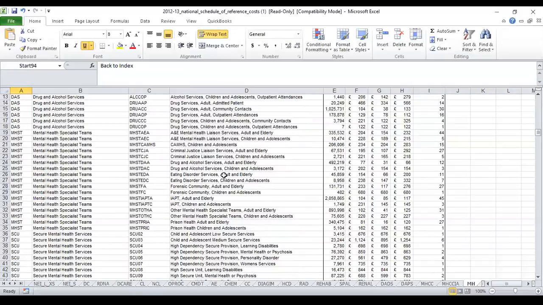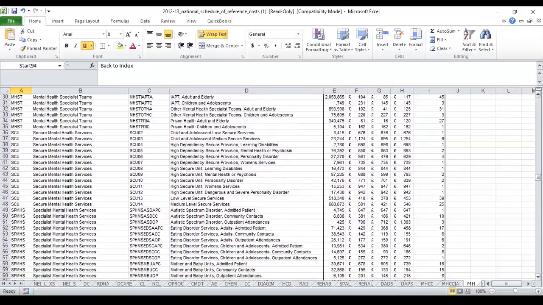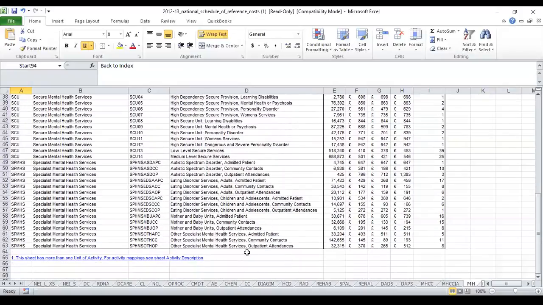Eating disorder service is something that I've done some work on before, so these figures are quite useful in terms of the unit costs for working with people. There's also stuff around autism, and also some stuff around mother and baby units and different things on here.